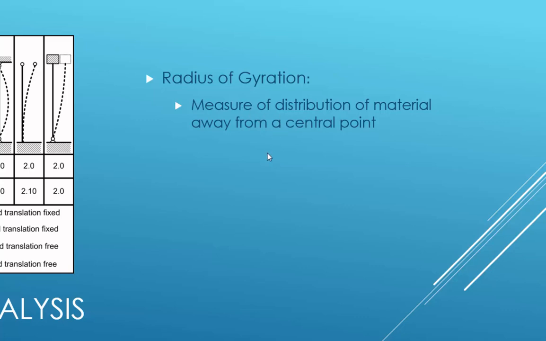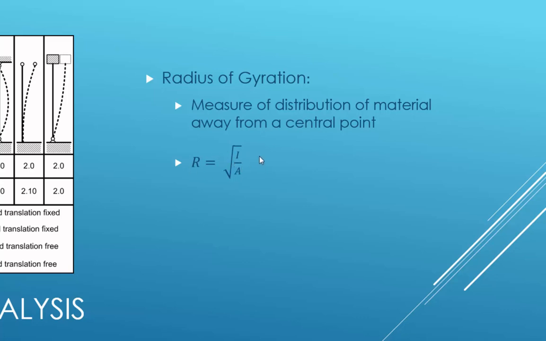But even less material at a very decent distance away from the center will give you a high radius of gyration for the amount of material. Usually, considering we're talking about a cross section, you're talking about the area. So it is calculated R equals the square root of the area moment of inertia divided by the area.